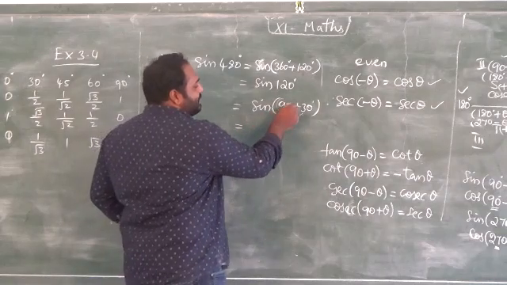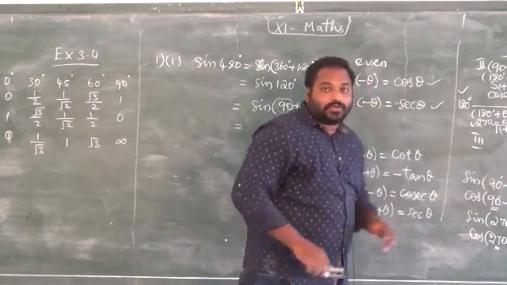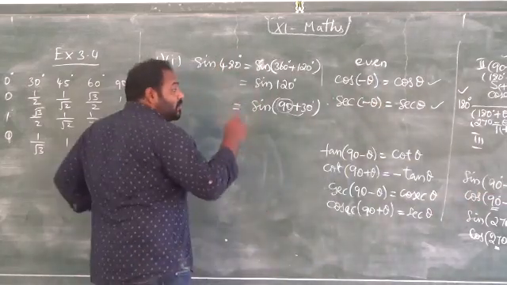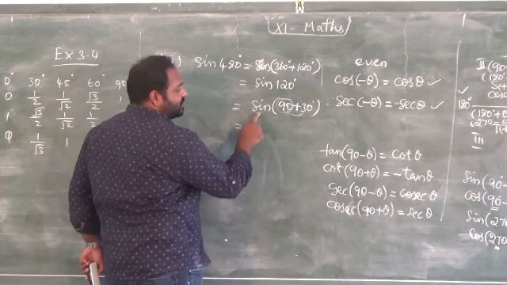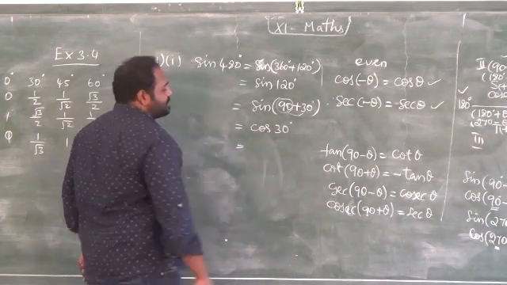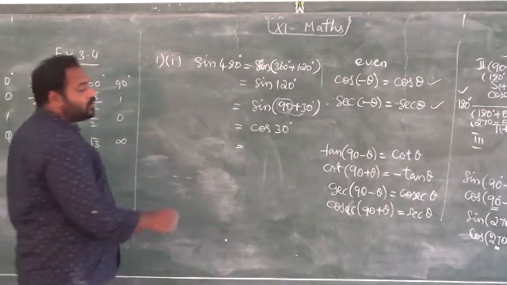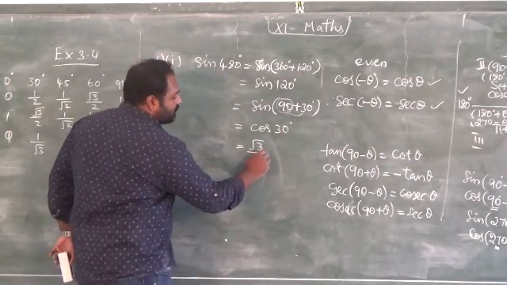Then we have a 90. I told you already, whenever you have a 90, you change to the co-ratio. What is the co-ratio of sine? Cos 30 degree. So what is the cos 30 degree value? Cos 30 degree value is root 3 by 2.